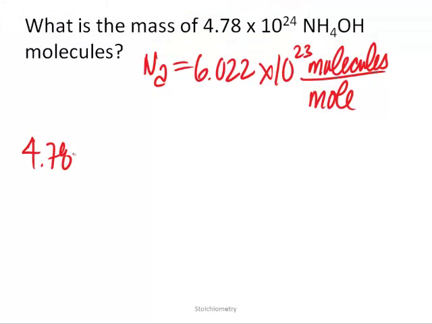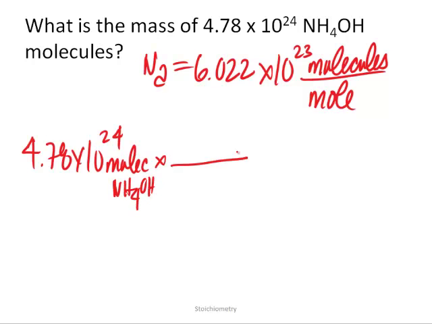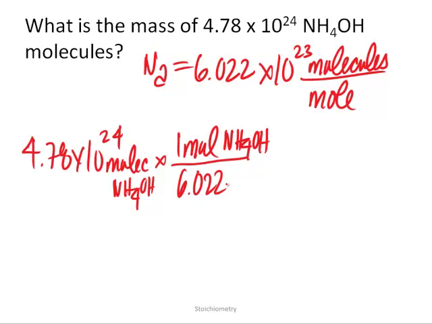Okay, so if we have 4.78 times 10 to the 24th molecules of ammonium hydroxide, we know that in 1 mole of ammonium hydroxide there are 6.022 times 10 to the 23rd particles.